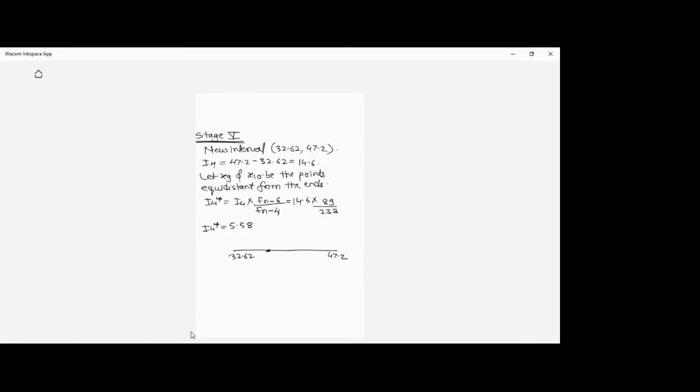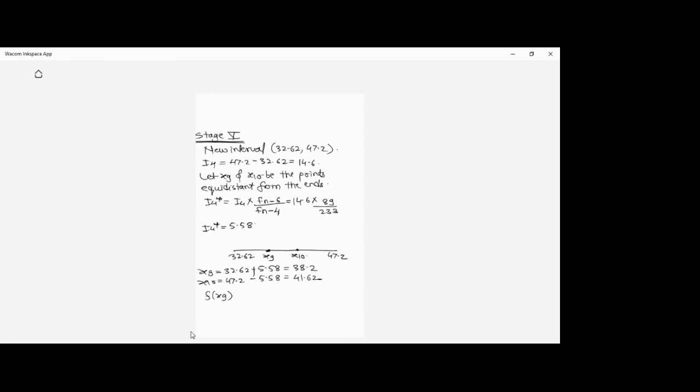Here we have x9 and here we have x10. X9 is equal to 32.62 plus 5.58, and x10 is equal to 47.2 minus 5.58. So x9 is equal to 38.2, and x10 comes out to be 41.62.